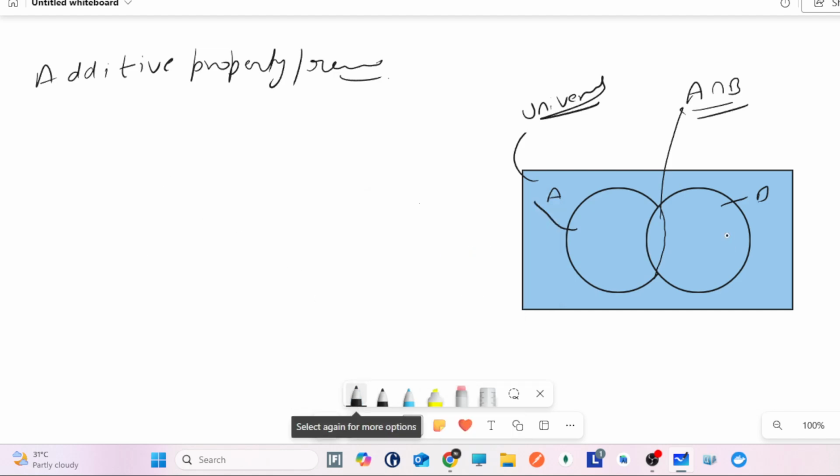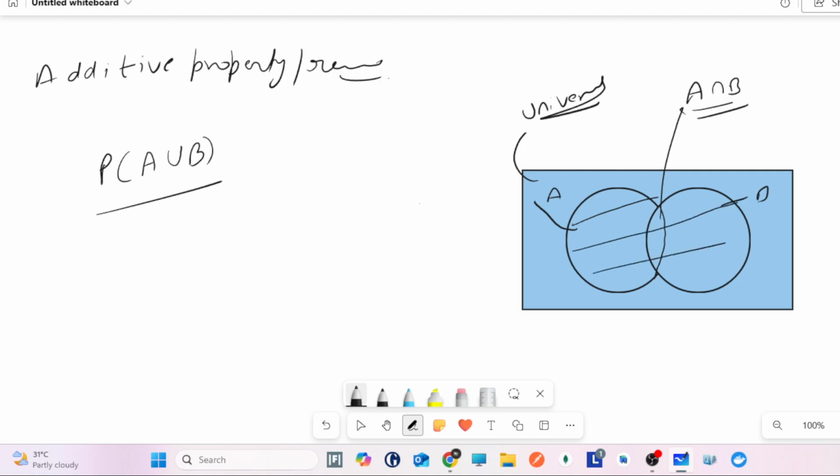Okay, so what is the probability of getting A union B? Just pause the video and think about how you can calculate the probability of A union B, right? Okay, so let's discuss. First of all, spot A union B on the Venn diagram. So what is A union B? Nothing but all the unique values in both the sets, right? So this is the union.